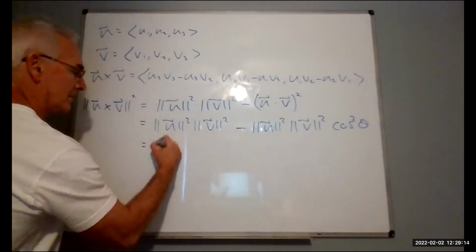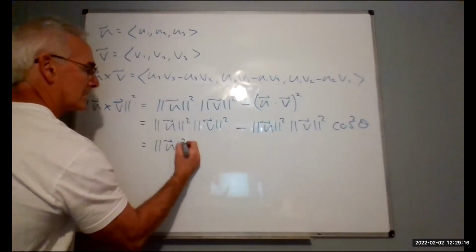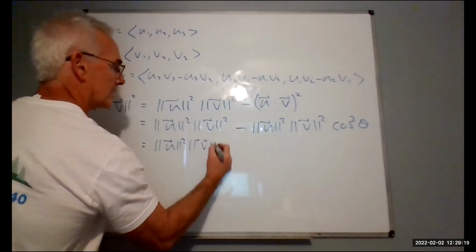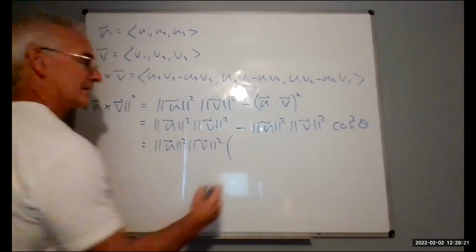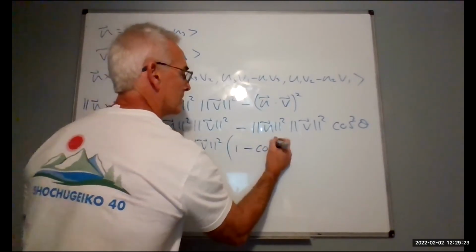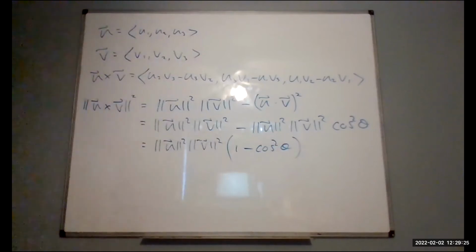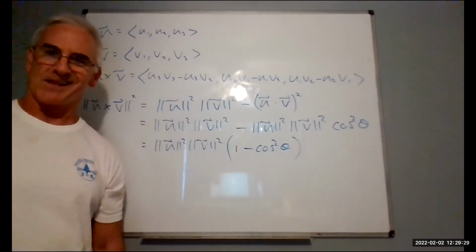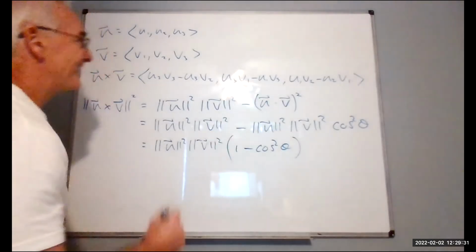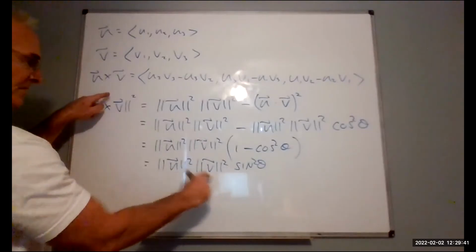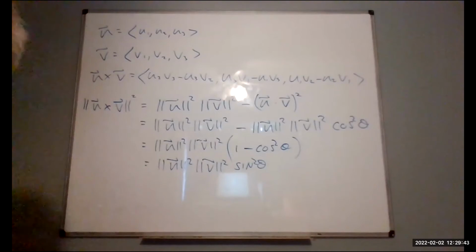Yeah. So 1 minus cos squared. Oh, but wait a minute. What's 1 minus cos squared? Sine squared. This squared equals this. So what does that mean?